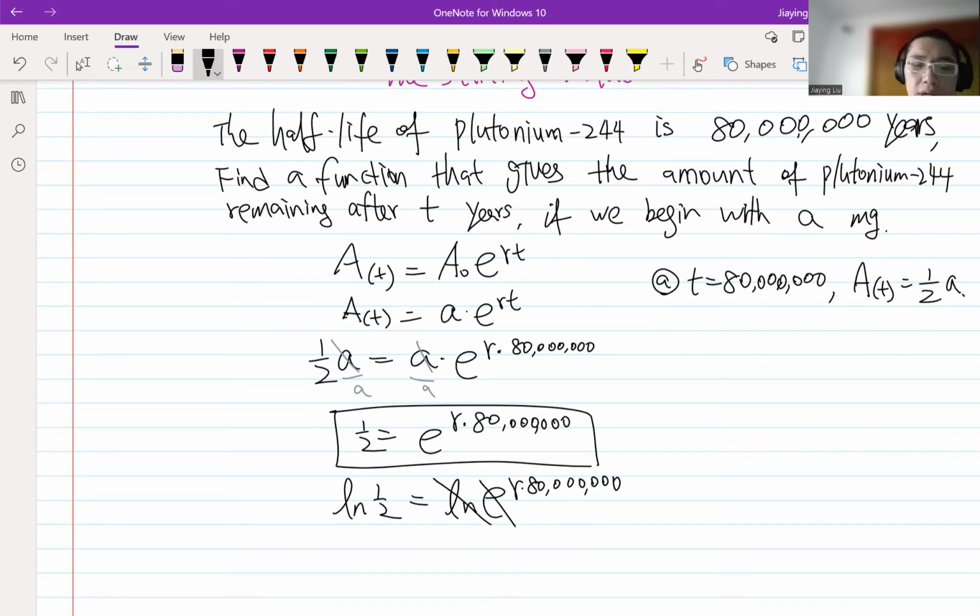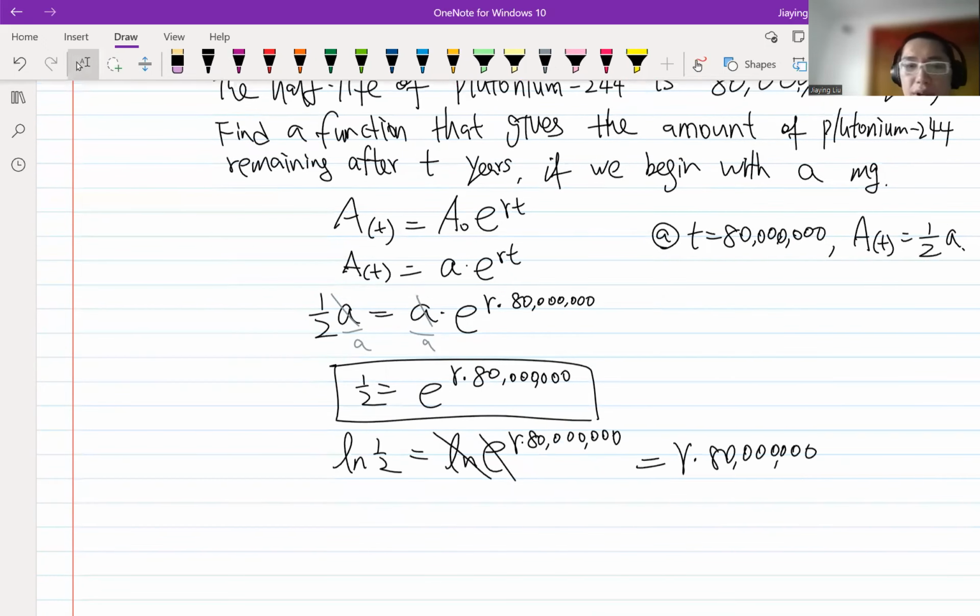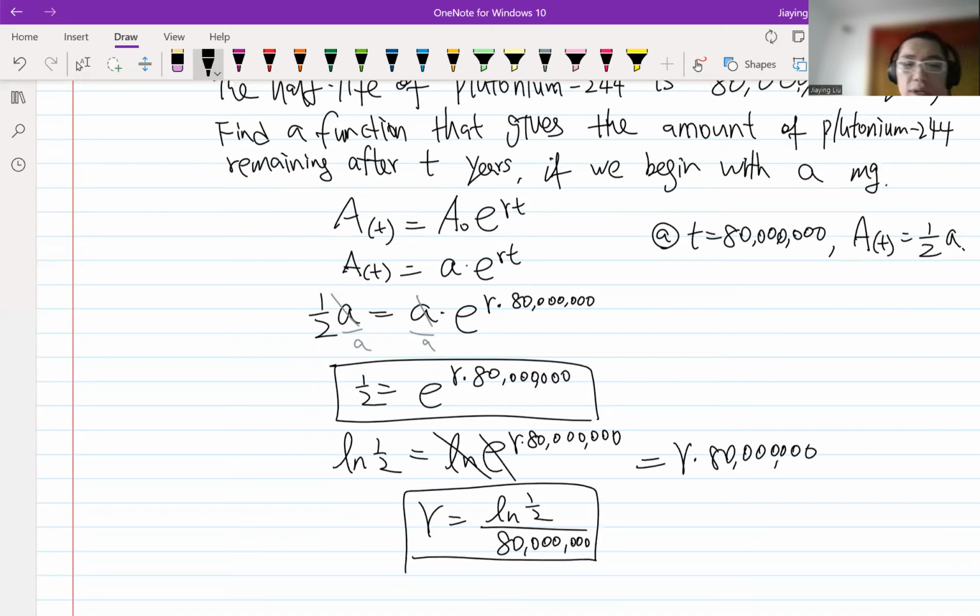The natural log and the e cancel, giving us r times 80 million. So divide by 80 million, and we get r equals natural log of 1/2 divided by 80 million. So that's the decay rate.